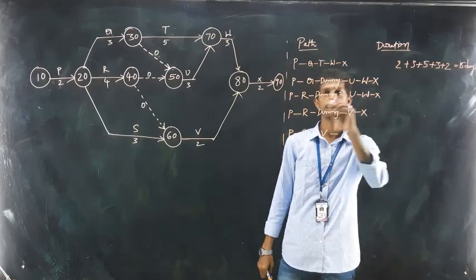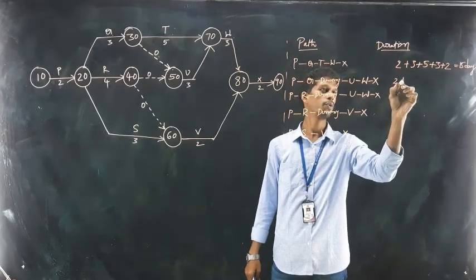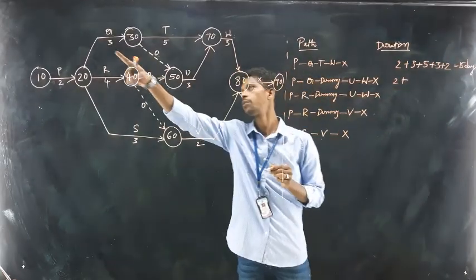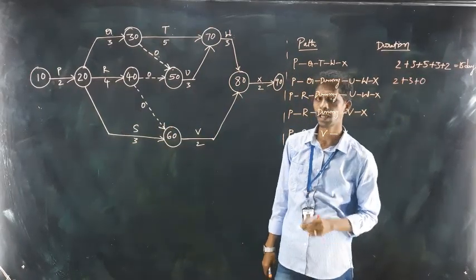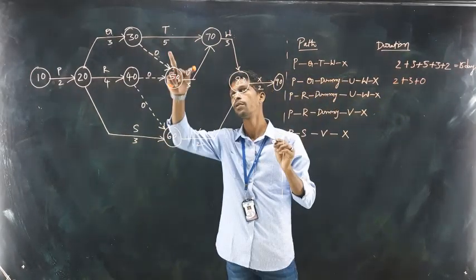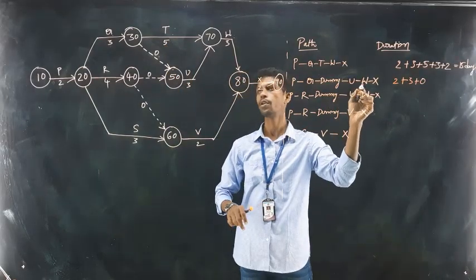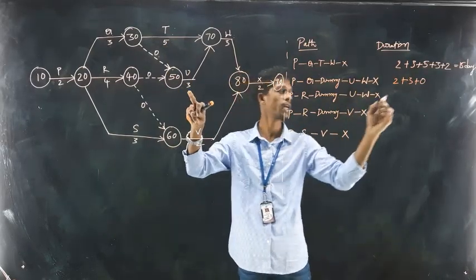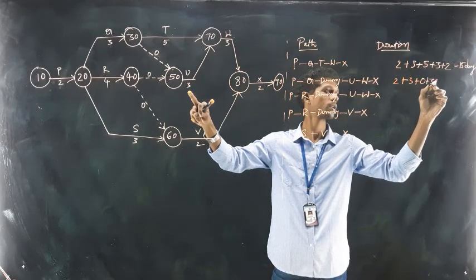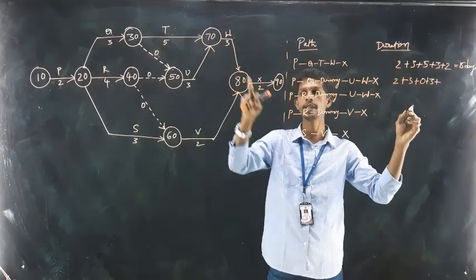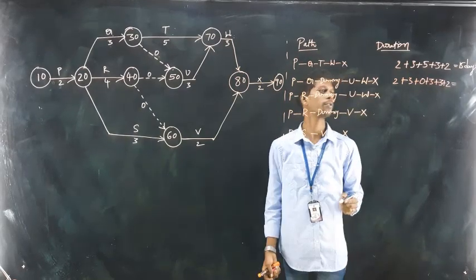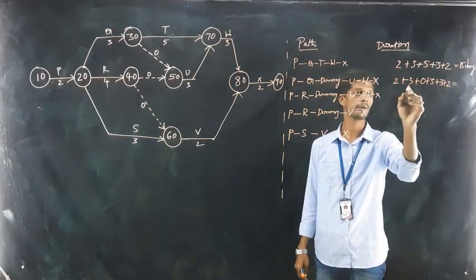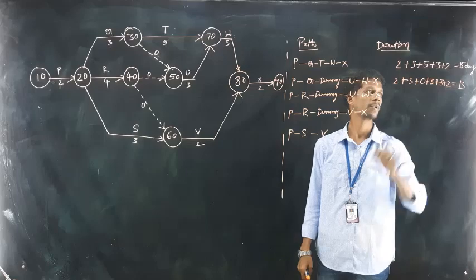Next one: P 2, plus Q 3 days, plus the dummy activity, which doesn't carry any time duration, so it is 0, and U W X: U carries 3 days, W 3 days and X 2 days. So the duration here is 13 days.